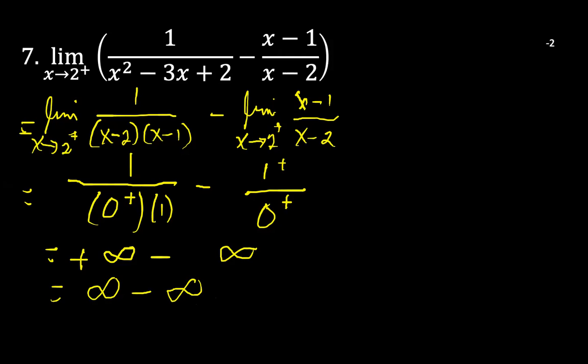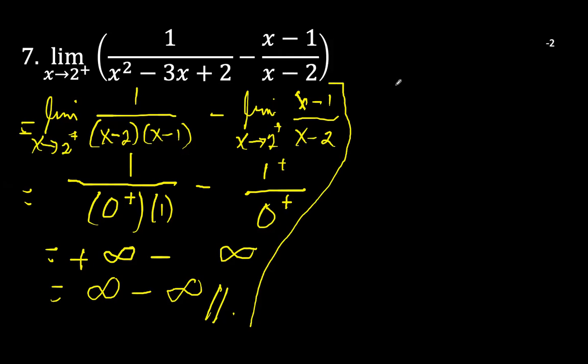infinity symbols. So if this is the case, all right, again, if this is the case, now let's try to simplify the function first and then take the limit after we simplify, okay?